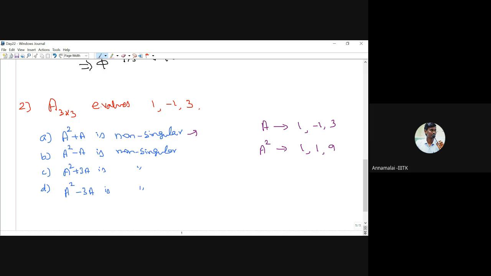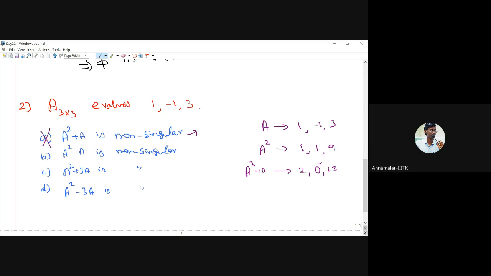What are the eigenvalues of A square plus A? Just sum them: 1 plus 1 is 2, 1 minus 1 is 0, and 9 plus 3 is 12. Now the determinant is nothing but the product of the eigenvalues. We get 0 because 0 is one of the eigenvalues. Therefore, the determinant of A square plus A is 0, so it is a singular matrix. Therefore, the first option is false.